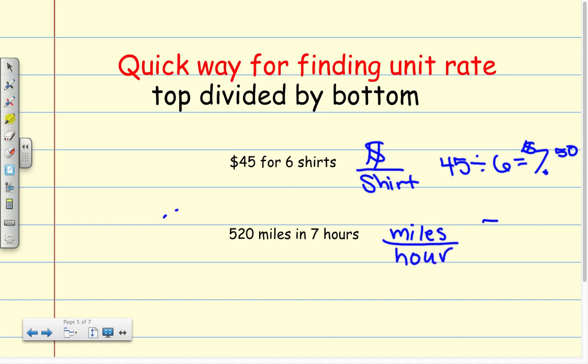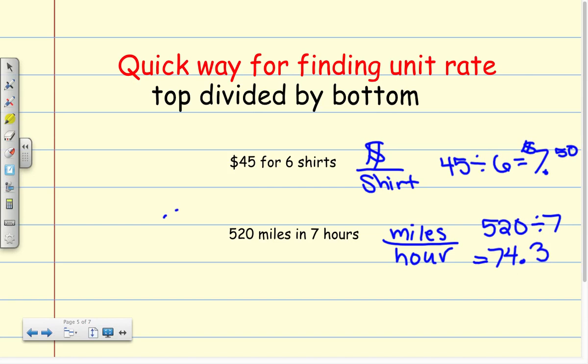So then I have 520 divided by 7, which equals 74.285, and so on. So I'm just going to say 74.3. If they don't ever specify, the best thing I can recommend is rounding to the nearest tenth.